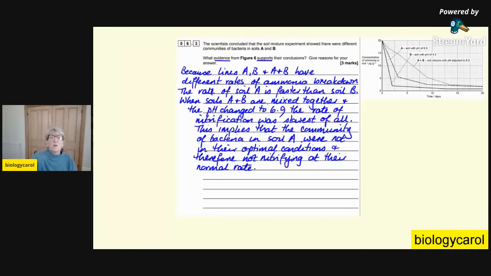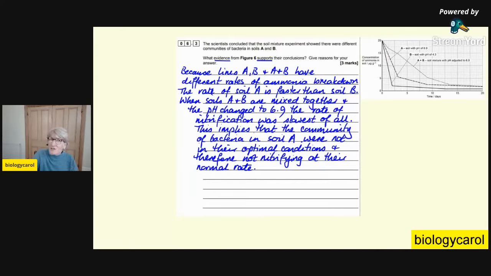So this is what I wrote. I first wrote, because lines A, B, and A plus B have different rates of ammonia breakdown. The rate of soil A is faster than soil B.